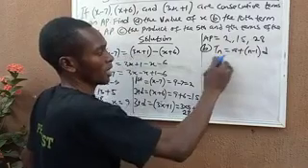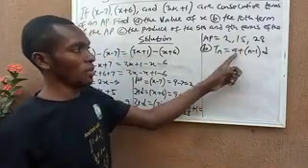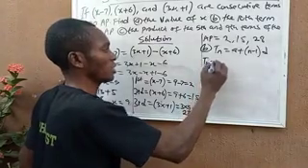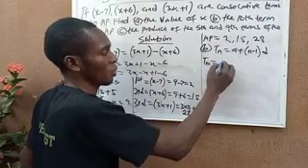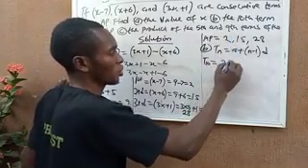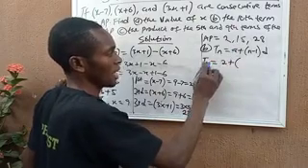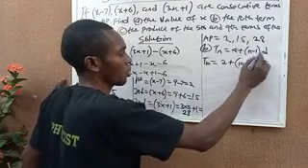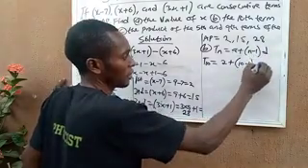So we need the first term and the common difference. We have T10 is equal to 2, which is our first term, plus, the term n here is 10, so 10 minus 1, multiplied by D.